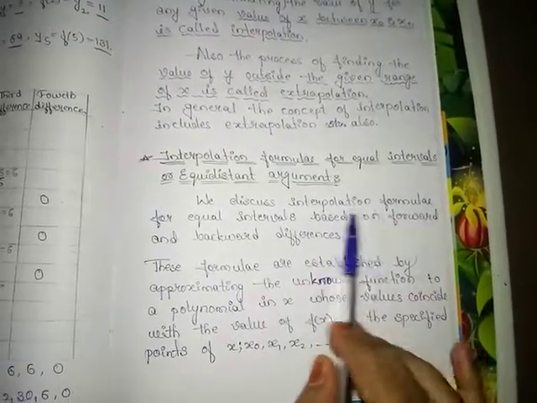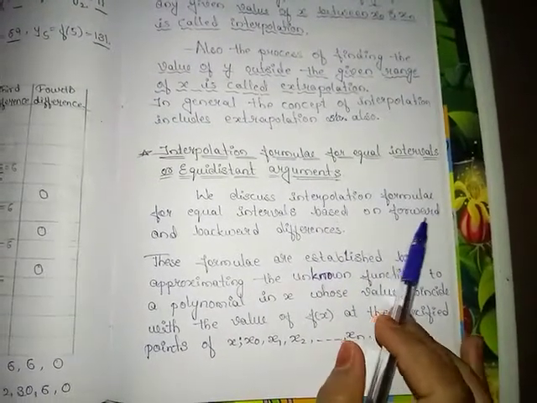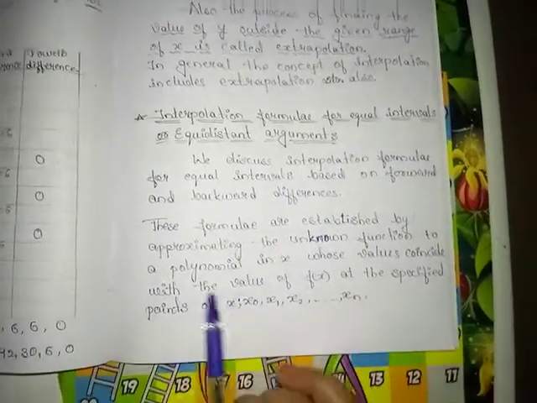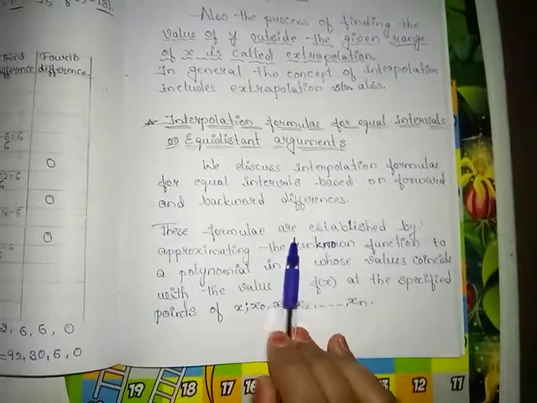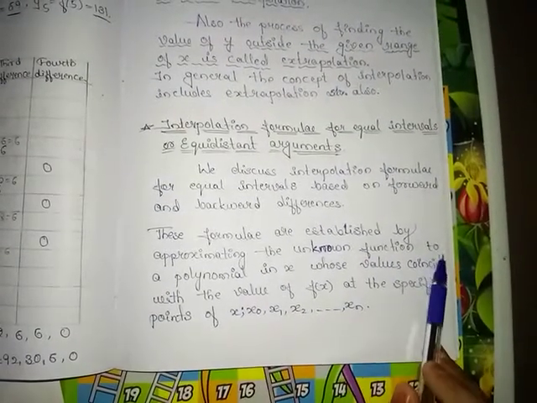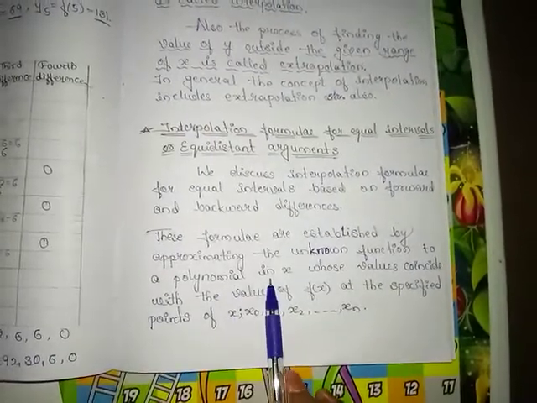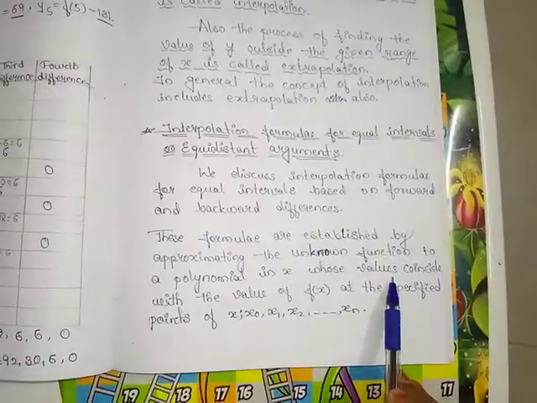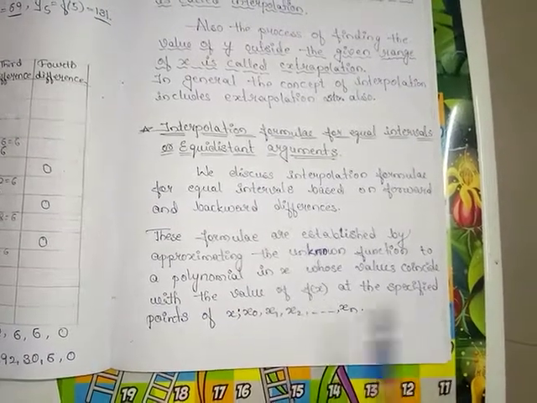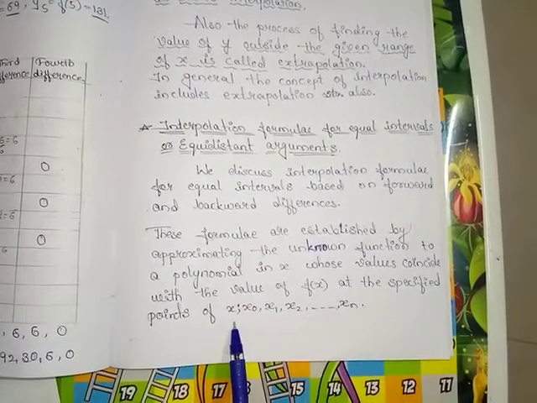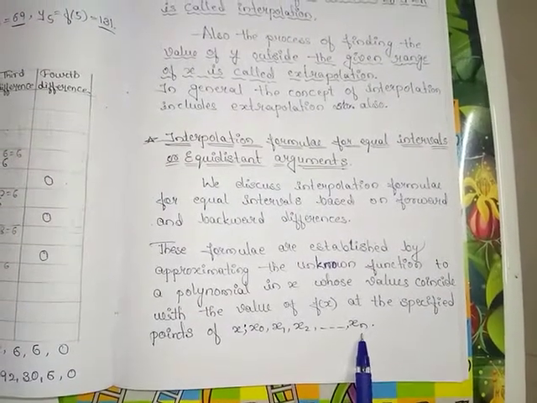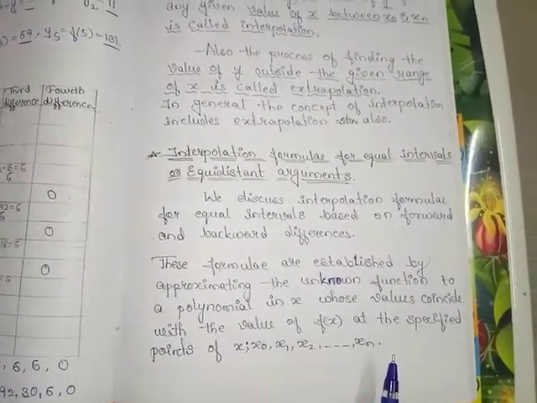These formulae are established by approximating the unknown function by a polynomial in x whose values coincide with the values of f of x at the specified points of x, where the x values are x0, x1, x2 and so on to xn.